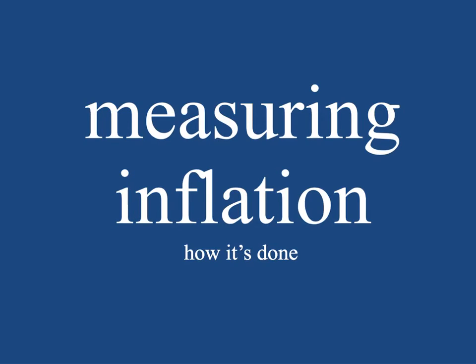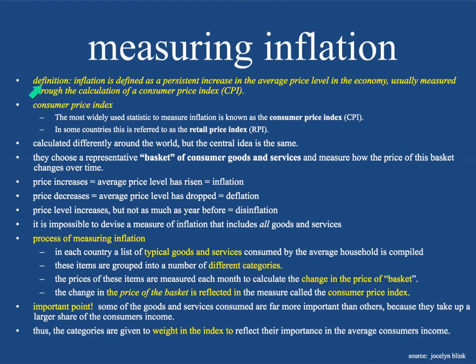It's really pretty straightforward. So here's the technical definition. Inflation, of course, is defined as a persistent increase in the average price level in the economy, almost always measured through the calculation of a consumer price index, CPI. That is an index, which is a collection of different prices of consumer goods.